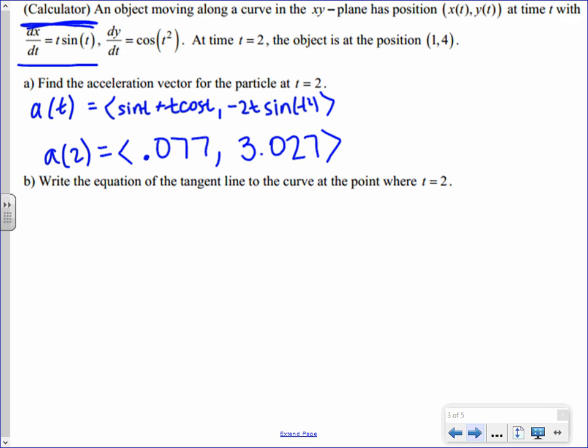Cool. Write an equation of the tangent line to the curve at t equals 2. What do we know about the coordinate at t equals 2? We know the coordinate's (1, 4). So what else do we need to write the equation of the tangent line? We need the slope. How do we get the slope?